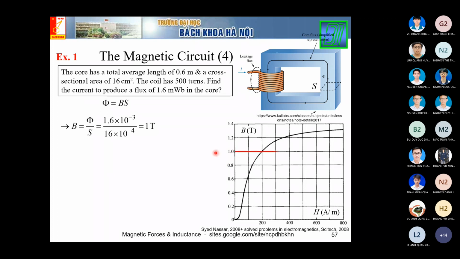So from this, you can find the corresponding H, and it is 200 ampere per meter. So the given curve here is to find B if we have H, and to find H, of course, if we are given B.